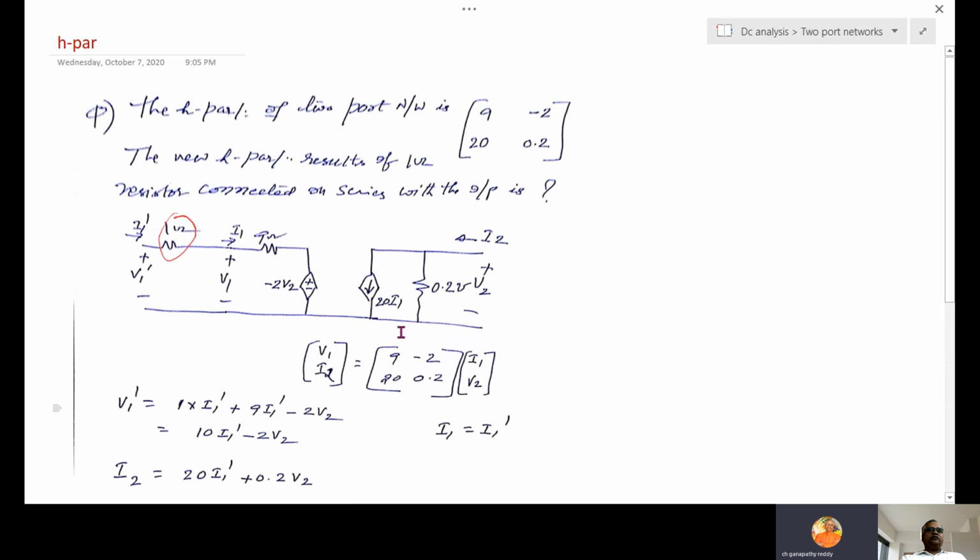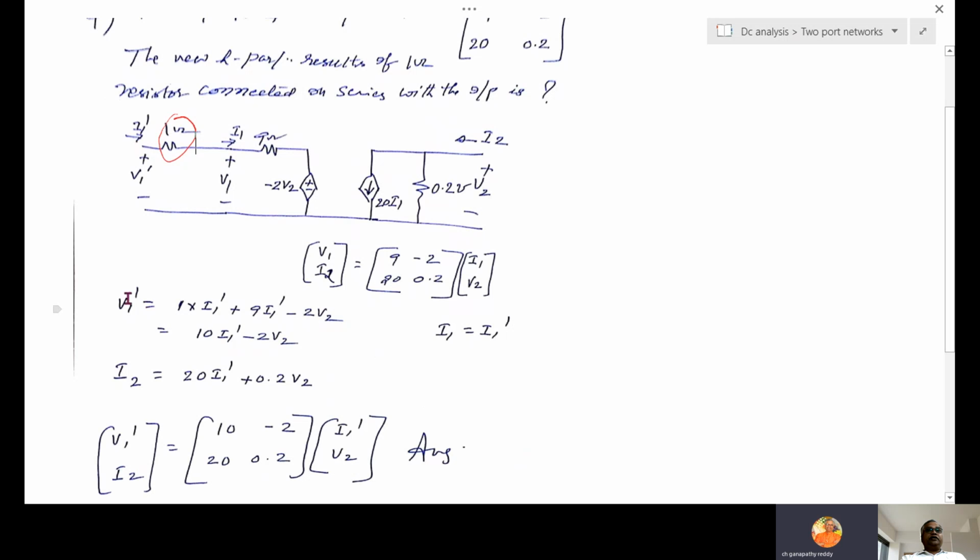Write equations and solve. So I have written V1, I1, V2, I2 here. V1, I1 are already used here, so here V1 prime, I1 prime. Either way you can do it. So V1 prime is equal to I1 prime into 1 plus 9 into I1 prime, because I1 prime is the same, then minus 2 V2.